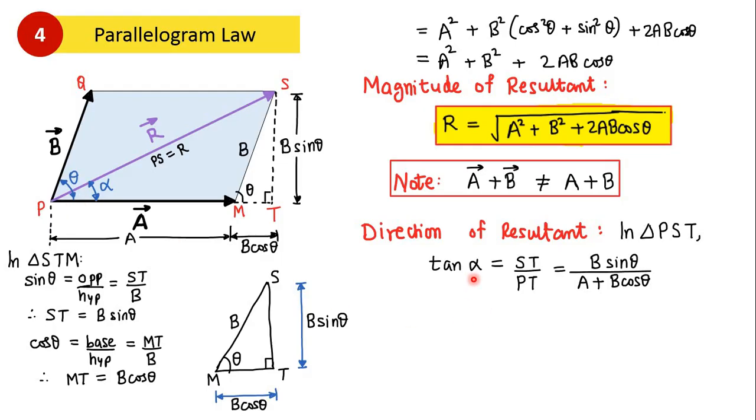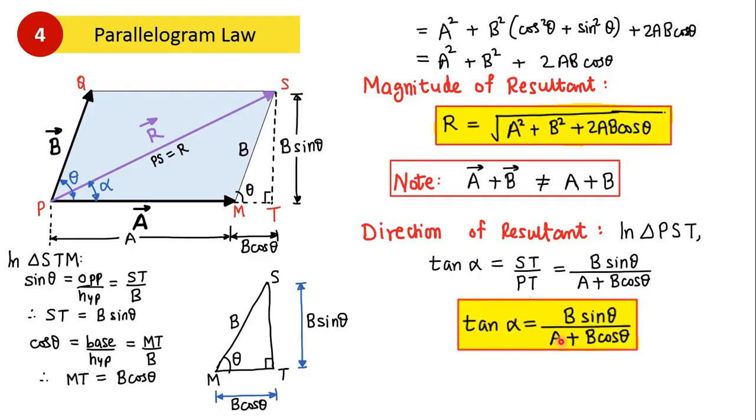Height is ST and the base length is PT. This whole base length PT is equal to A plus B cos theta. Therefore, the formula for finding the direction of the resultant vector is tan alpha equals B sin theta upon A plus B cos theta.